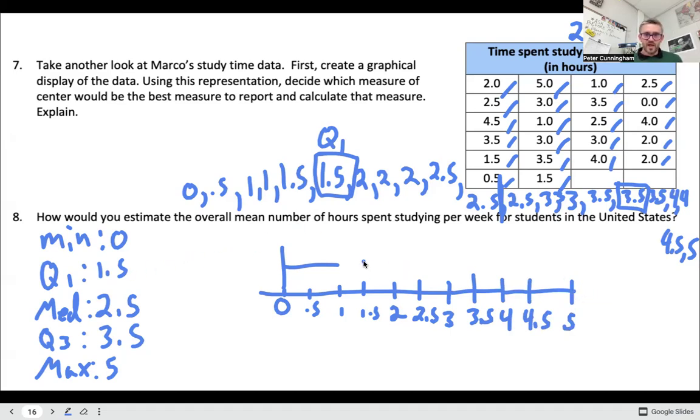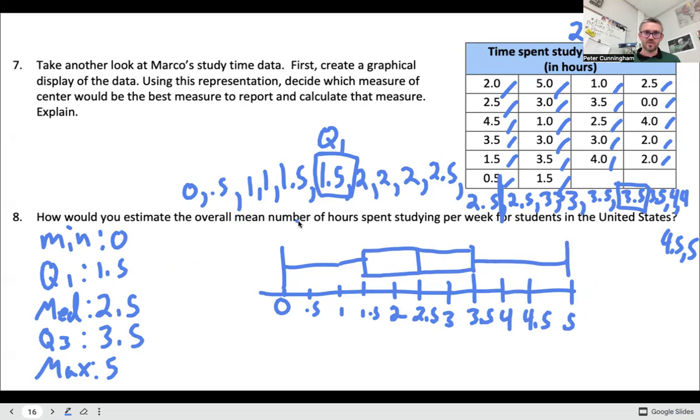Q1 is at 1.5. Draw that line. My median is at 2.5. My quartile 3 is at 3.5. Make my box and whisker.